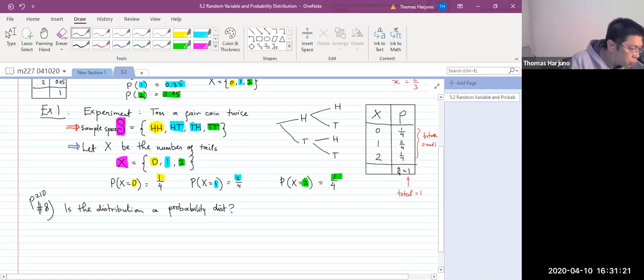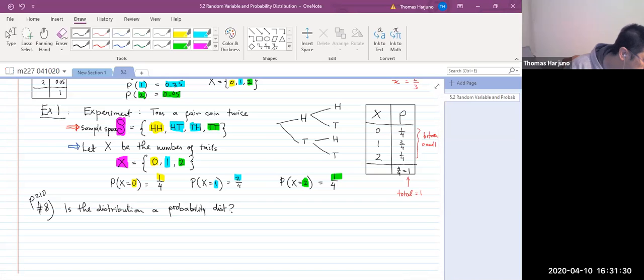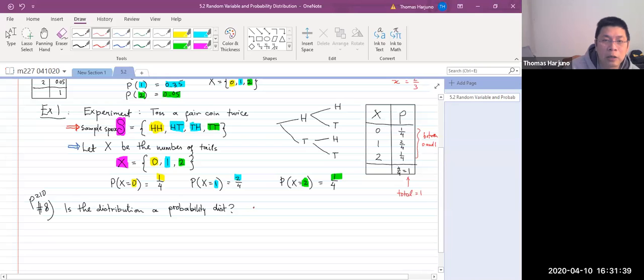Okay, let me ask you to work on that. What you need to do is this, though. You look at the table, do you see all the entries are positive, between 0 and 1? You know the things that you need to check: the entries in the probability column have to be between 0 and 1.